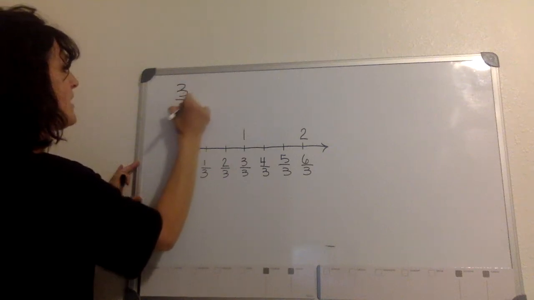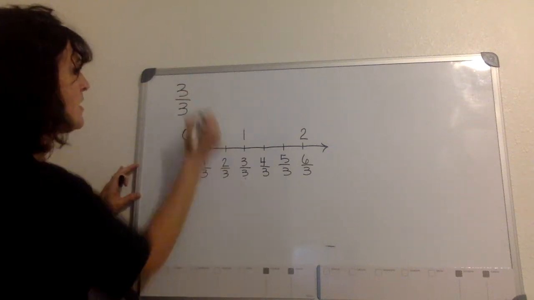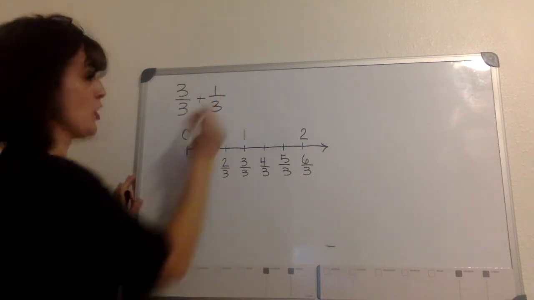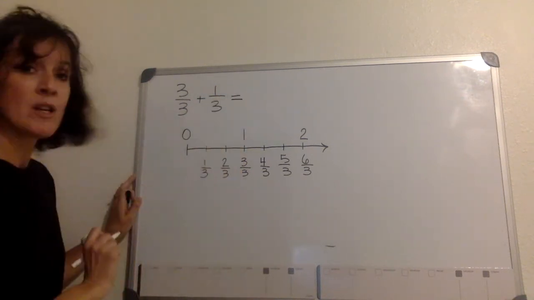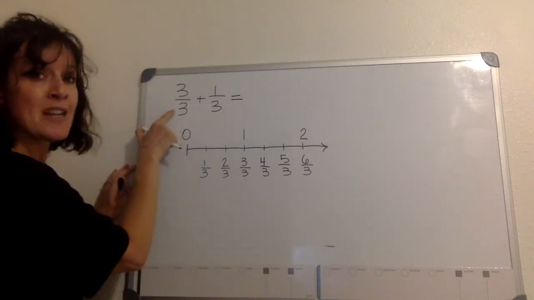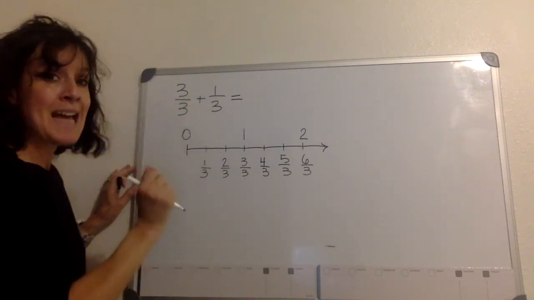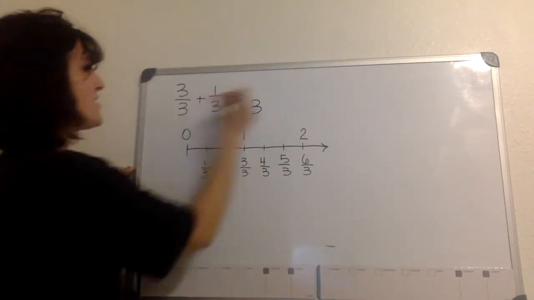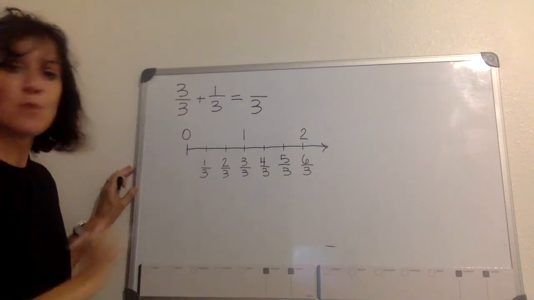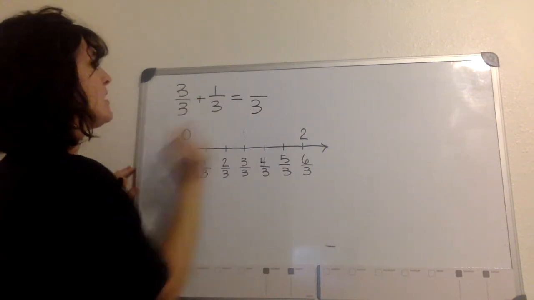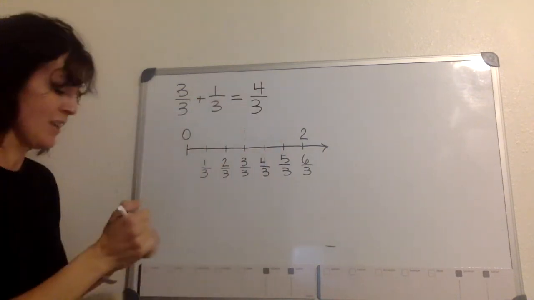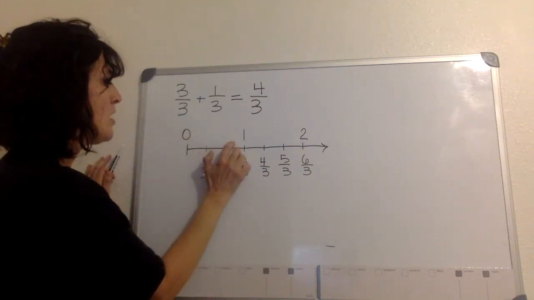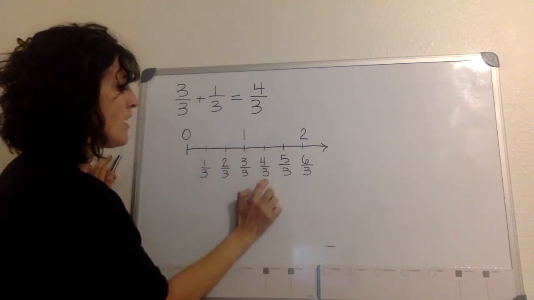Let's just do that one really fast. 3/3 plus one more increment of 1/3 equals, since the denominators are the same, we can add these easily. The denominator stays the same in my answer. And then I add the numerator. 3 plus 1 is 4. Okay? We have 1, 2, 3, 4 increments.